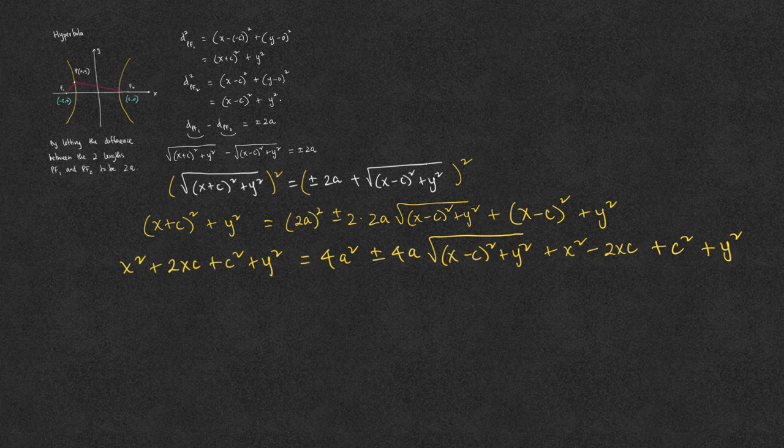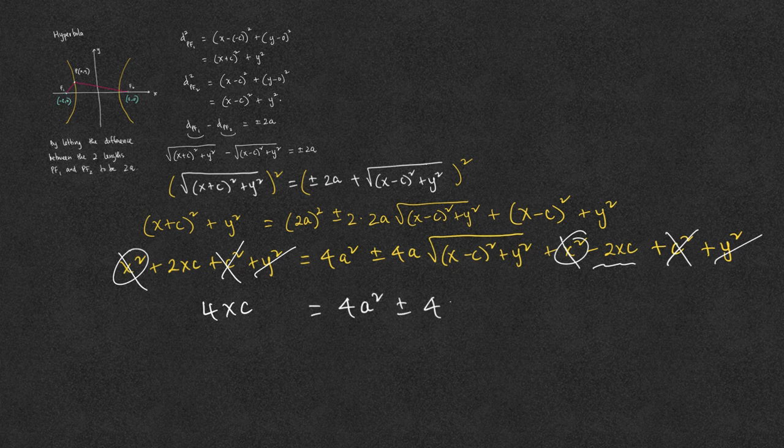The y squared on the left and the y squared on the right cancelled out. X squared on the left and x squared on the right cancelled out. C squared on the left and c squared on the right cancelled out as well. We end up with 4xc, where we move the negative 2xc to the left, equals 4a squared plus or minus 4a times the square root of x minus c squared plus y squared.